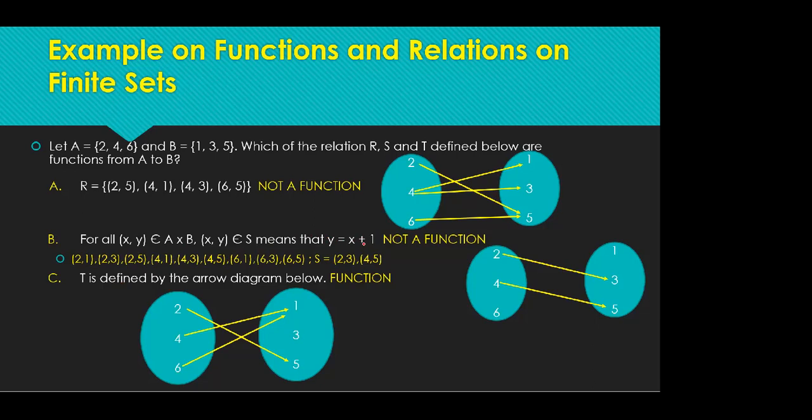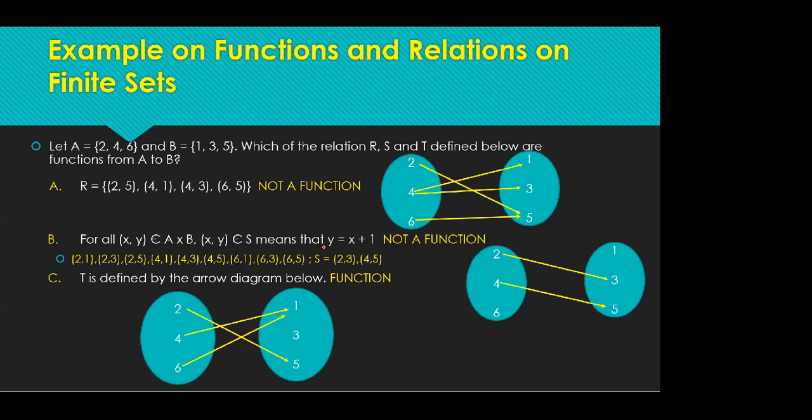For the other ordered pair, 4 and 5, if x is 4, therefore y is 5. 5 is equal to 5. So in testing this, all ordered pairs should meet the condition for it to be a function. If one of the ordered pairs doesn't meet the condition, it would be considered not a function.